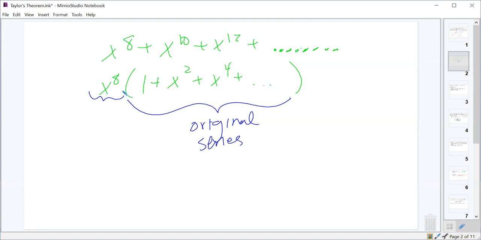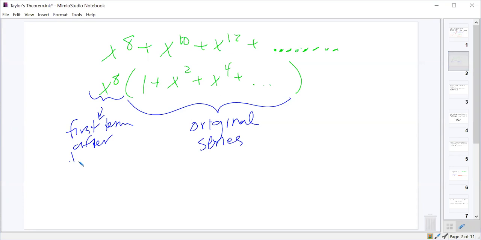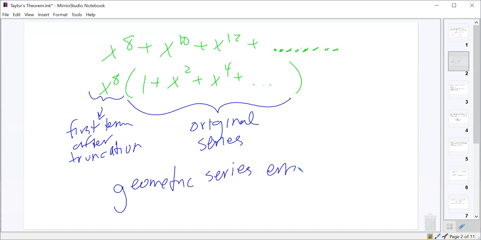This is the first term after we truncated our series, right? So our first term after our truncation times the original series. That is the geometric series error bound.